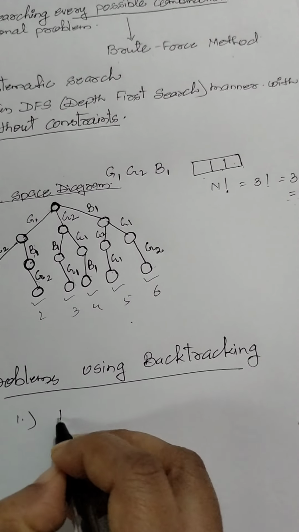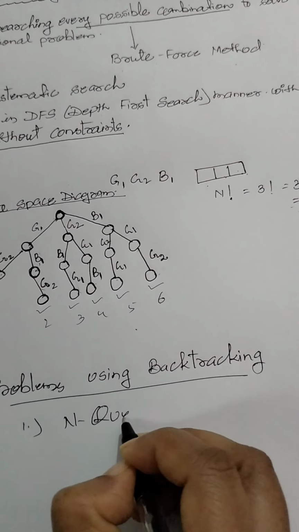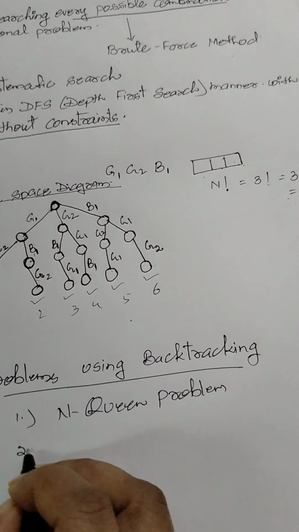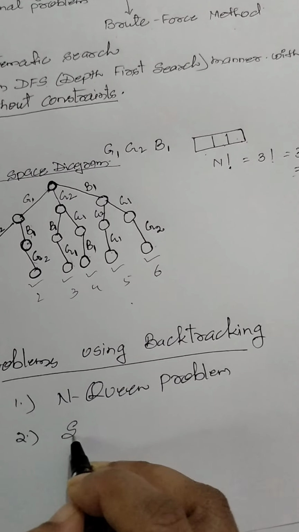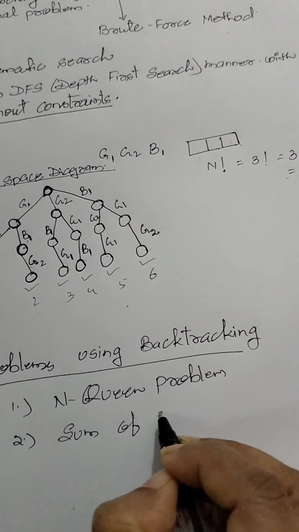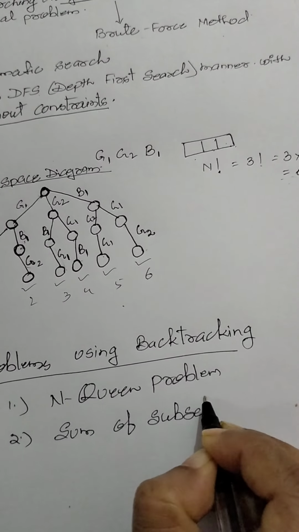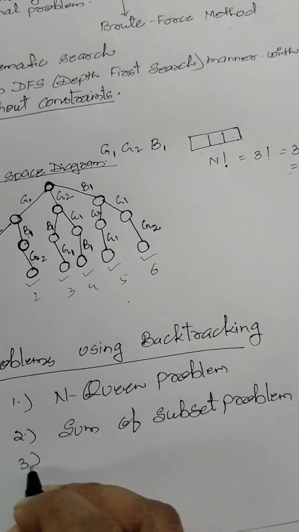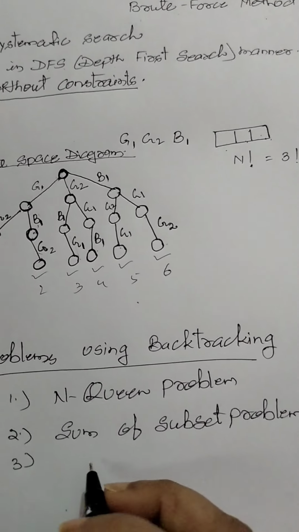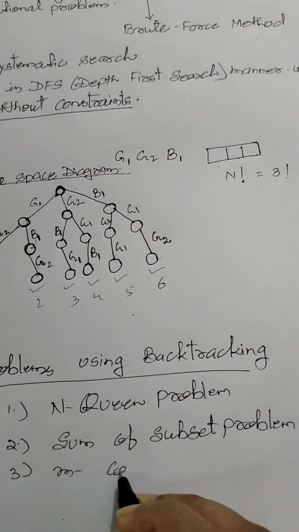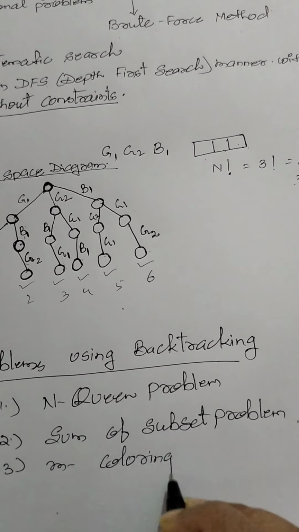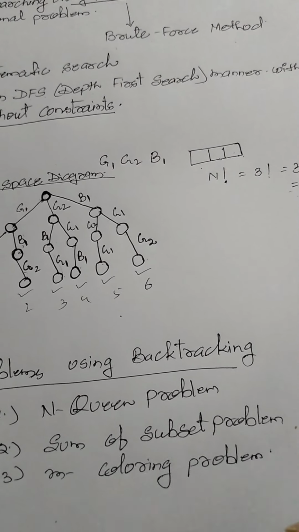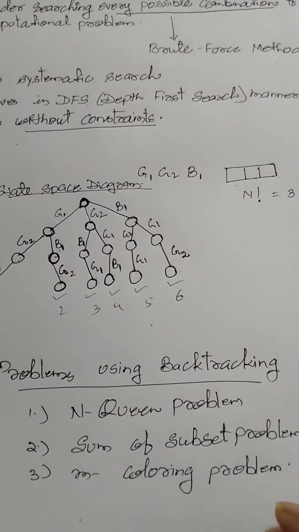First is the n queen problem, second is the sum of subset problem, and third is the M coloring problem. All these can be solved using backtracking.